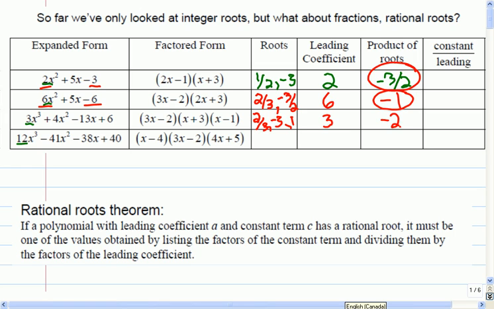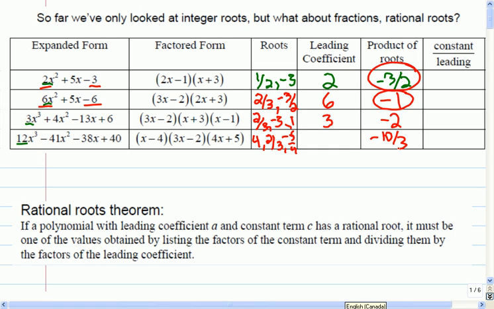And one more time down here, this would be 4 2/3 and -5/4. So if I multiply all those out, that means I'm going to get, looks like -10/3. Oops, sorry, wrong place. Let me fix that. -10/3.